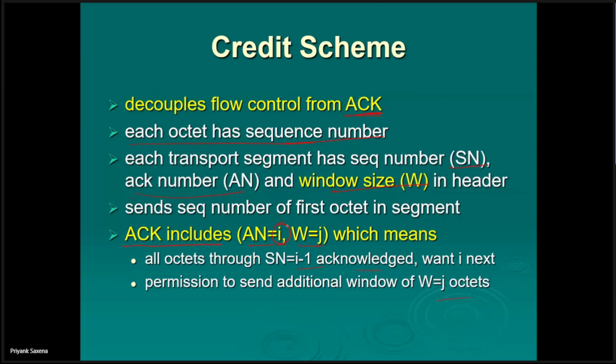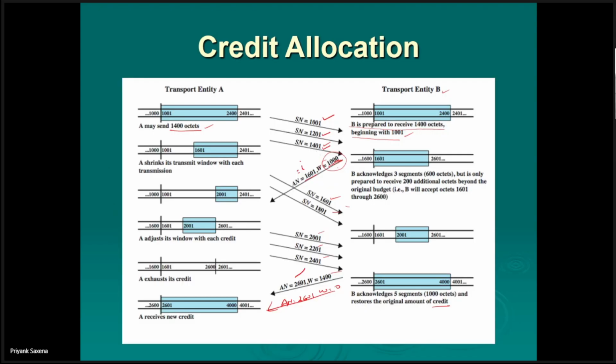So the receiver is demanding new octets starting from this I. All the previously received octets are acknowledged. And this is the credit remaining for the sender: how many octets the sender can send now.